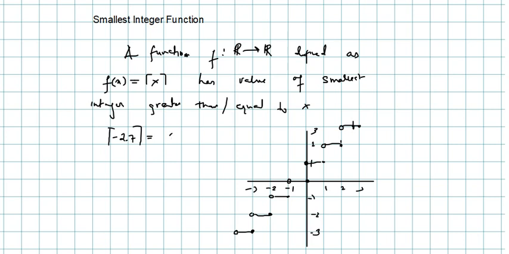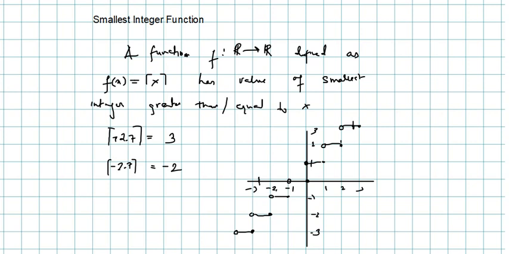So the answer will be 3. Okay, let us do another one with a negative. So if I take -2.7, -2.7 will be somewhere here. So we'll have to take -2. That's it.